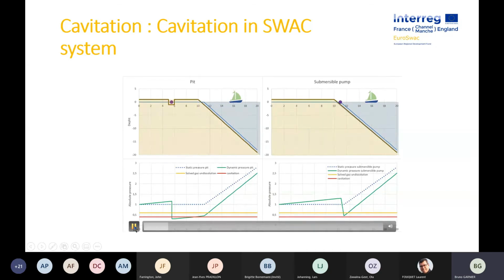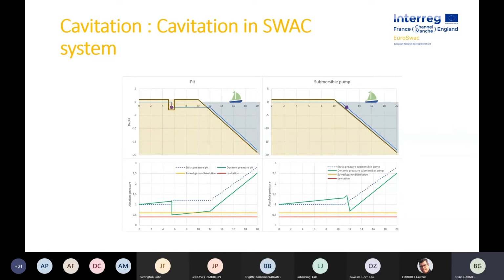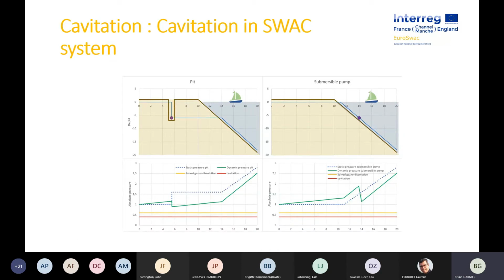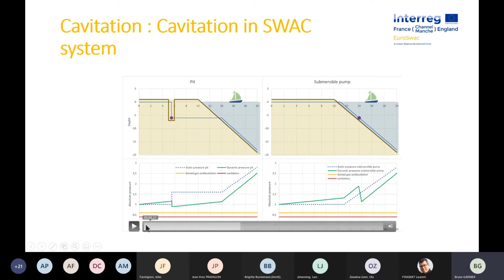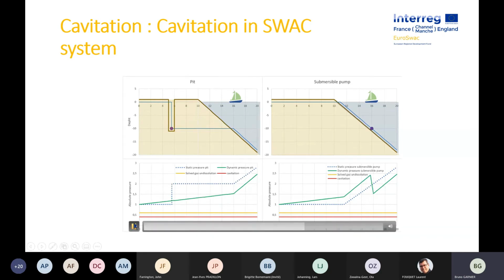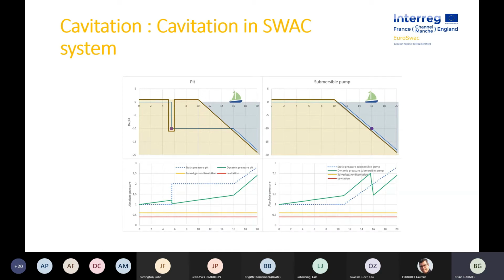By digging, by having the pump more under the surface water, we have the static pressure of the pump that increases, and then the problem of cavitation and of gas undissolution will disappear.